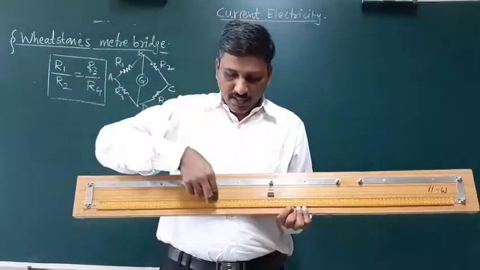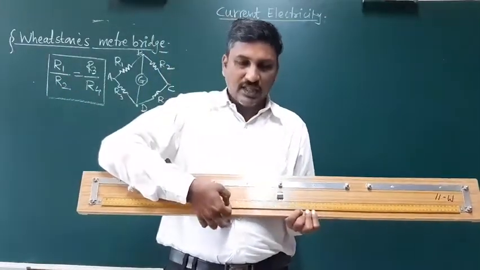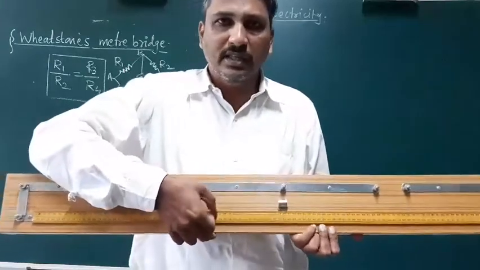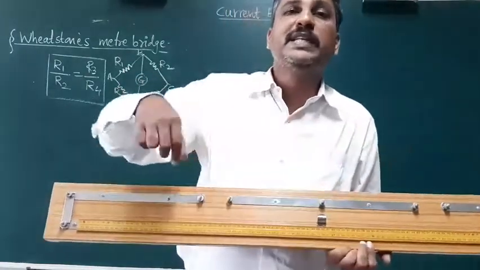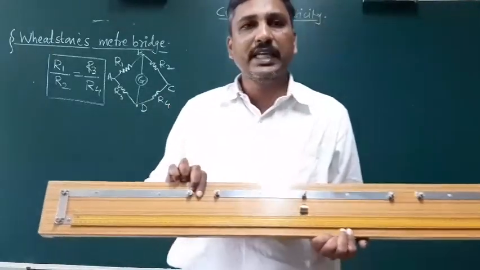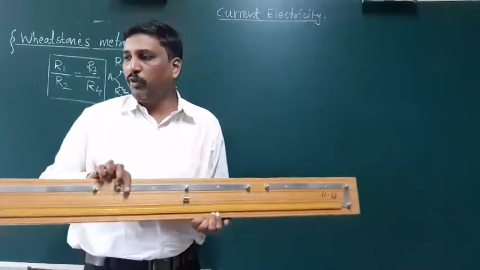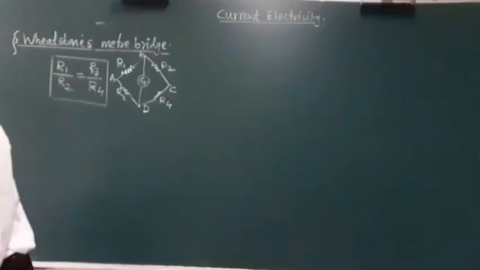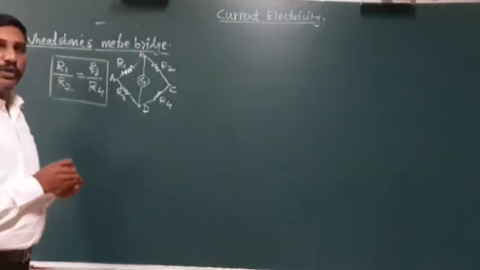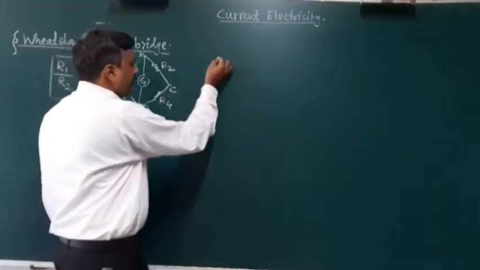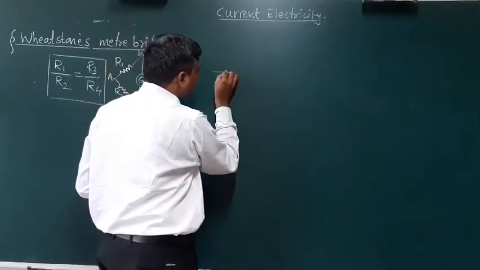Remember, thin means whose cross sectional area is very small. Uniform means its thickness remains the same, its cross sectional area remains the same. Conducting means current is carried through it. Such a thin uniform conducting wire, I am drawing.